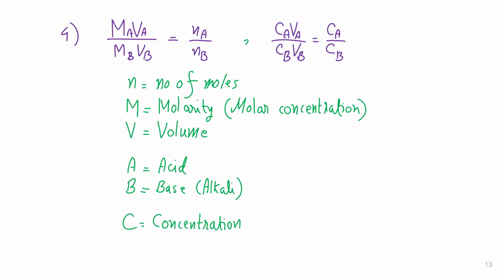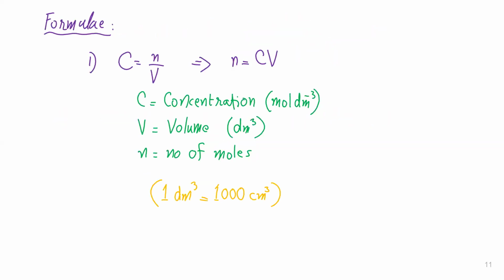Okay. Now, this is a point to understand that this formula is the primary formula. Concentration is equal to number of moles upon volume. n is equal to CV. Concentration is actually a concept of the amount of solute in a solution.